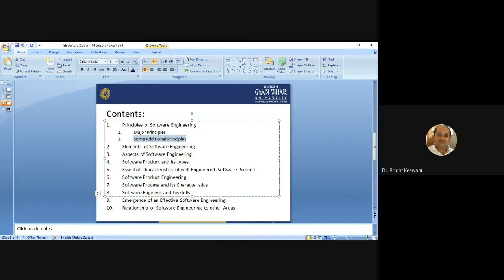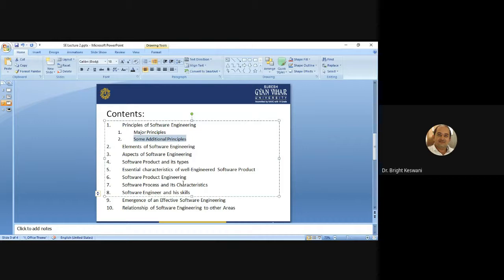So avoid tricks, avoid unrealistic things, avoid tricky code.